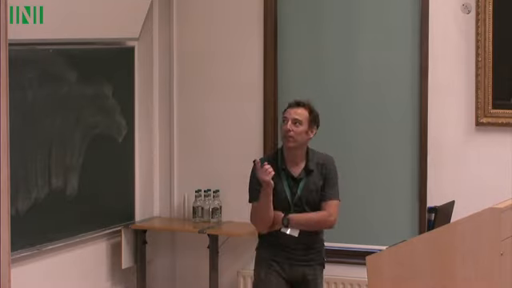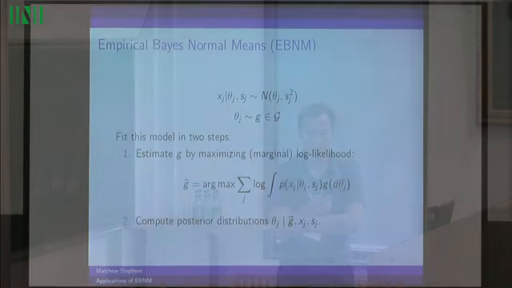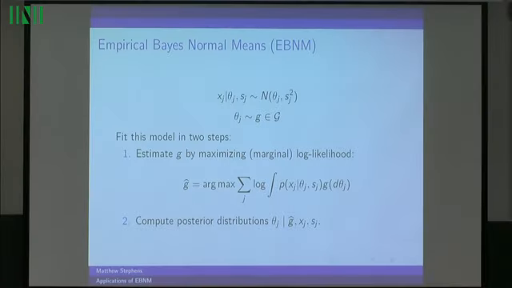Let's get started. This is what I mean by the empirical Bayes normal means problem. I'm going to assume that we have observations, which I'm going to call x_j, and they're noisy observations of some underlying object theta_j, and rather amusingly, I'm going to assume that the variances are known.